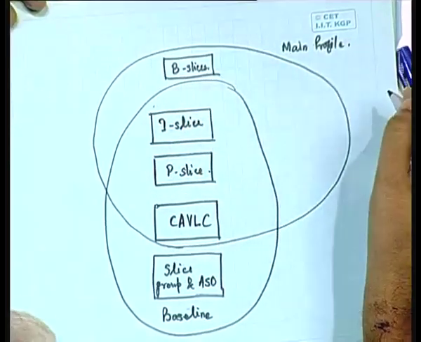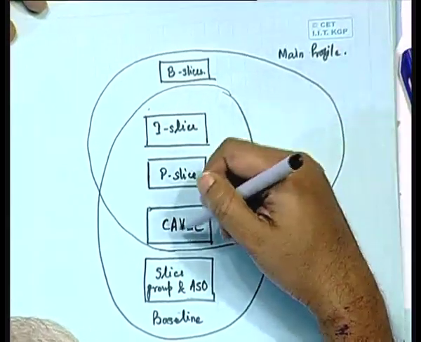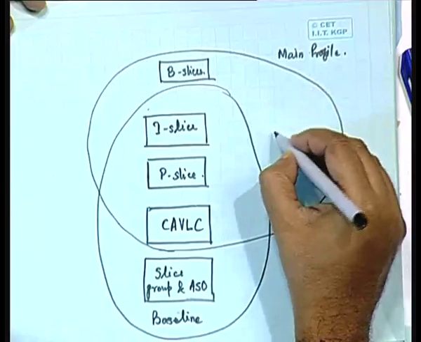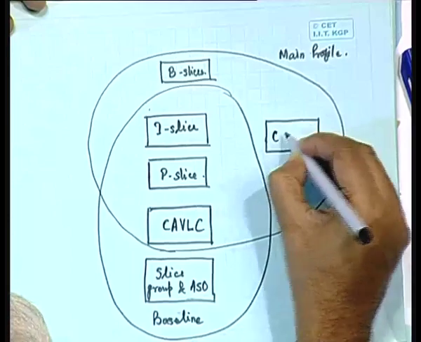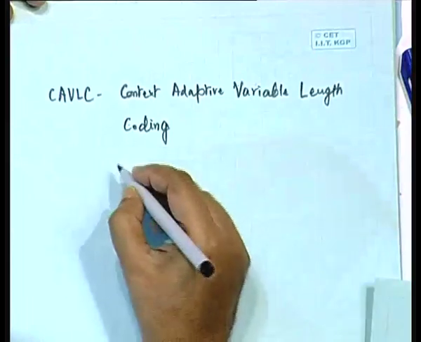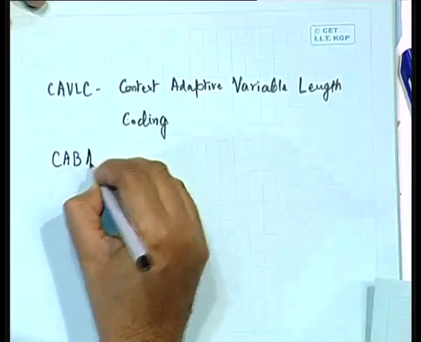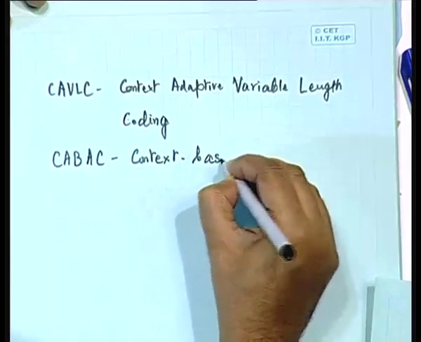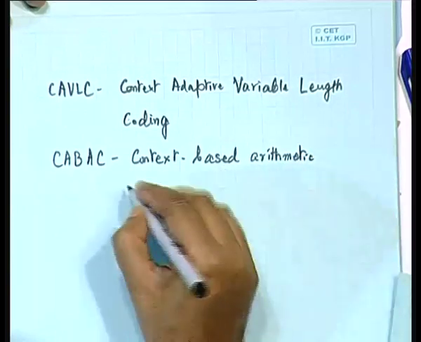And in addition to CAVLC, which is already covered in the baseline profile, we have another entropy coding scheme referred to as CABAC, and the full form of CABAC is context based arithmetic coding. So, this is also an entropy coding scheme.